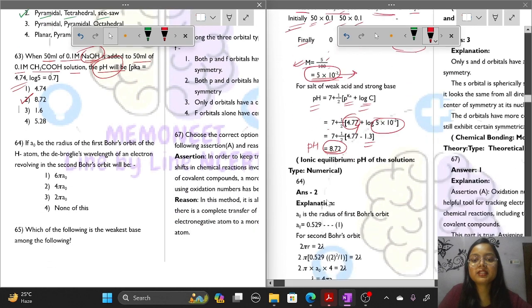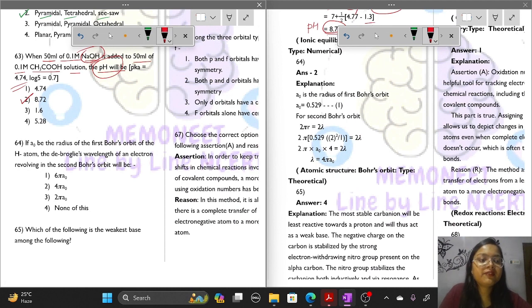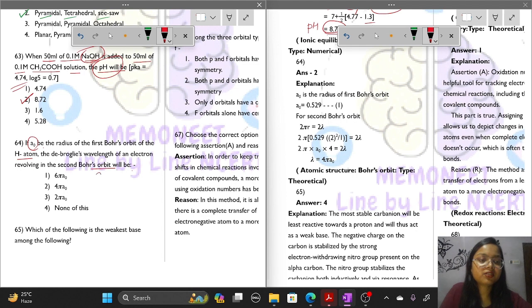Now for question number 64. If A naught is the radius of the first Bohr orbit of the hydrogen atom, the de Broglie wavelength of an electron revolving in the second Bohr orbit will be? The radius of the first Bohr orbit is given as A naught, so we have to find the radius for the second Bohr orbit.